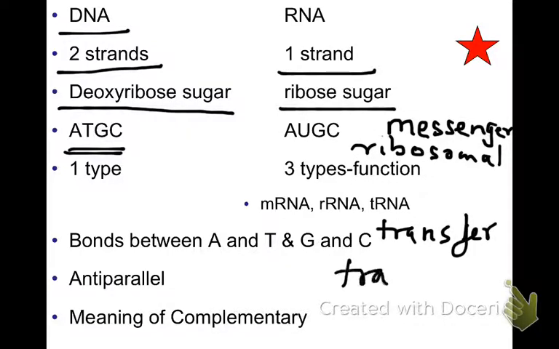In some places it's called translational, in some places it's called transfer RNA.